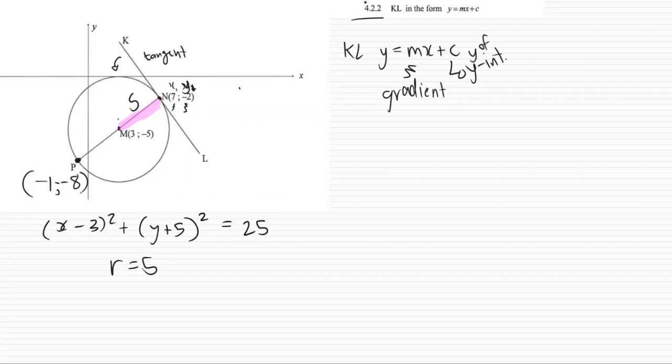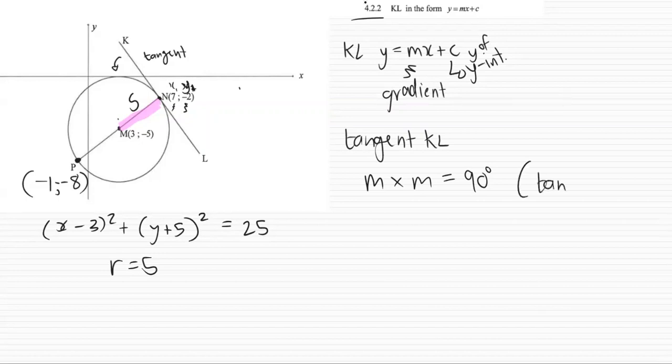So you can first get the gradient, because we know that because KL is a tangent, the tangent meets the diameter at 90 degrees.